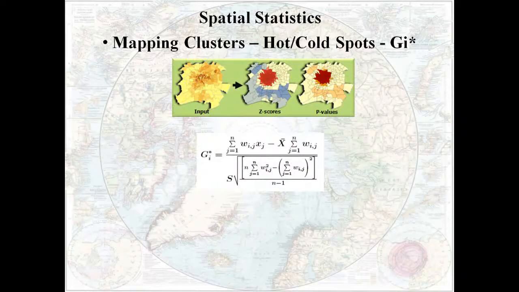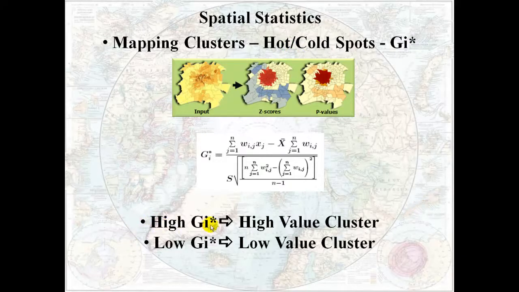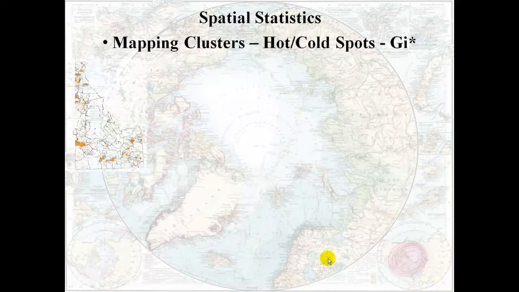Okay? Another way we can do this is the Gi star statistic, and that's going to tell us about hot and cold spots. High Gi star, high value cluster, low Gi star, low value cluster.